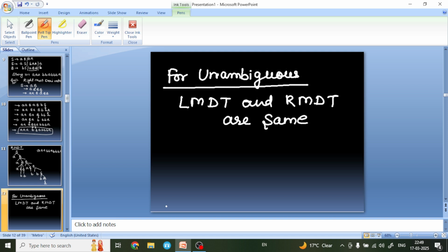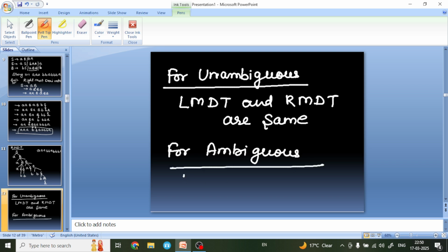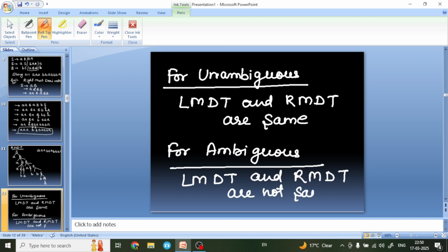For ambiguous grammar, the leftmost derivation tree and rightmost derivation tree are not the same.